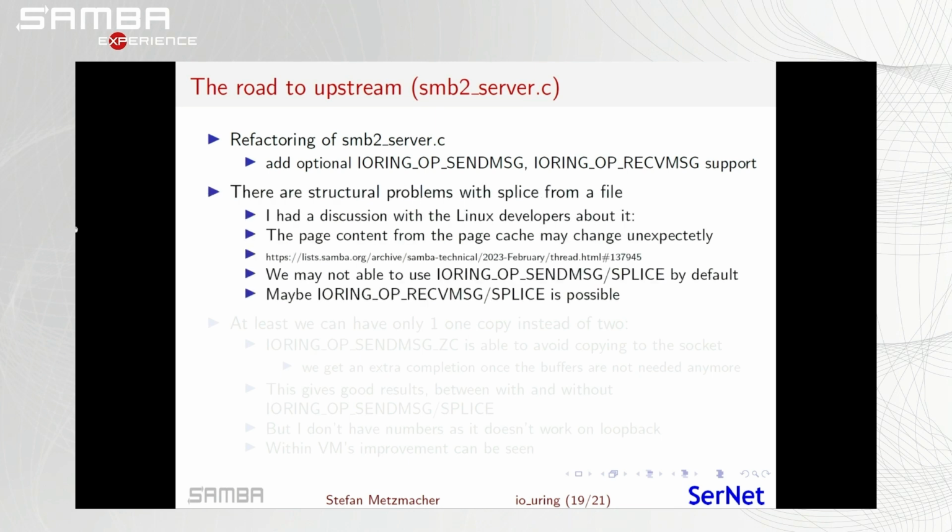Then I analyzed the sendmsg splice approach a bit more, wrote a little test in order to find out how splice really works, and started a discussion with the Linux developers.